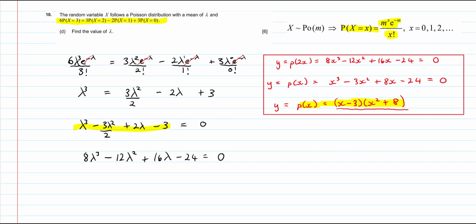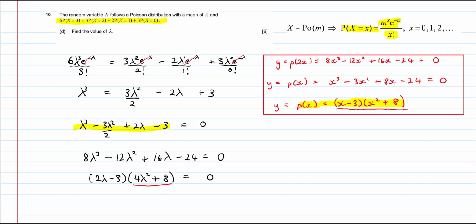So now in our equation, we're going to get 2 lambda minus 3 times, well, 2 lambda all squared is 4 lambda squared, plus 8 is equal to 0. And well, we know this part, the 4 lambda squared plus 8, well, that can never equal 0.